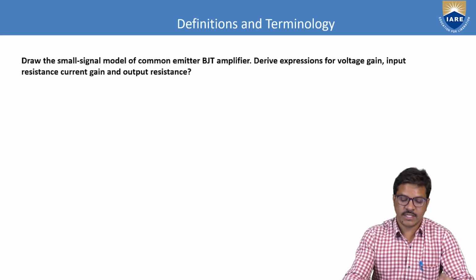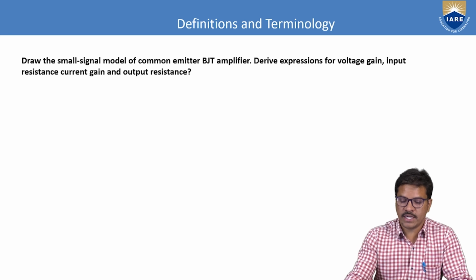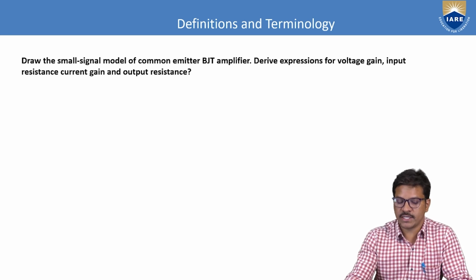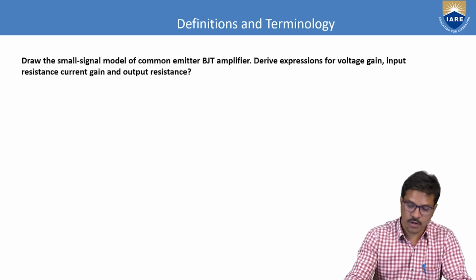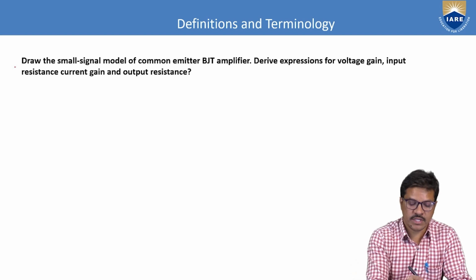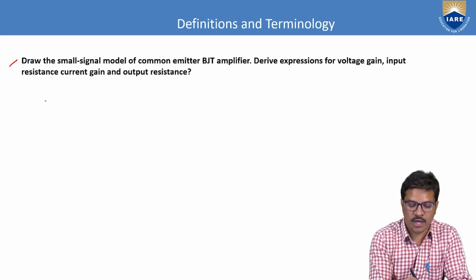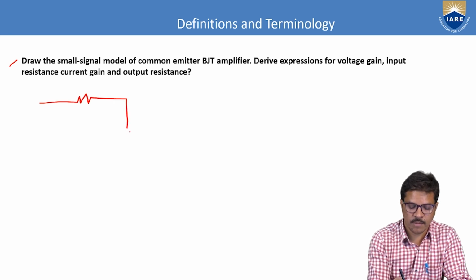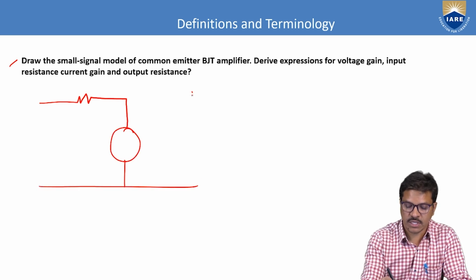And draw the small signal model of the common emitter BJT amplifier, and derive the expressions for voltage gain, input resistance and output resistance. For this kind of question, you have to draw the small signal H parameter model. The small signal H parameter model has a general diagram, always follow this.